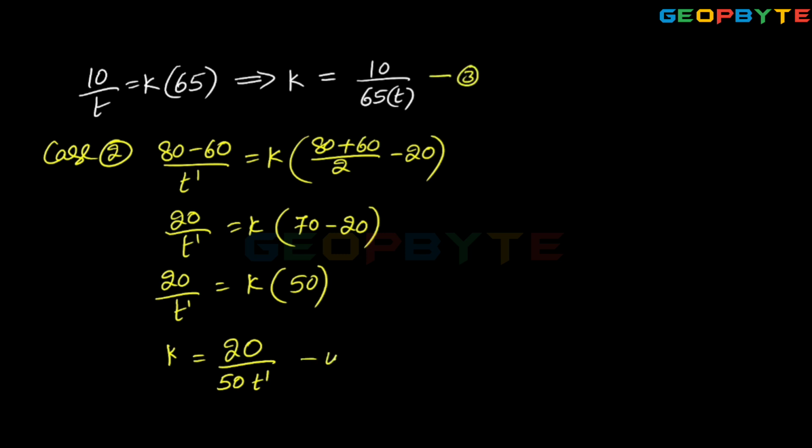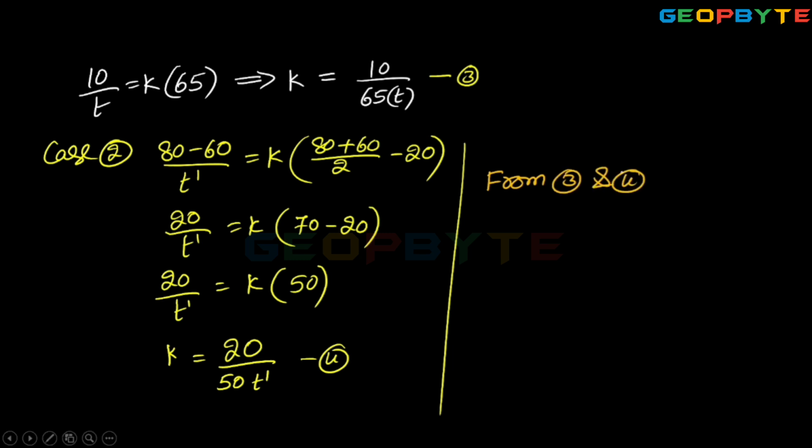Relation number 4. From relation numbers 3 and 4, the LHS are equal, so you can equate the RHS. 10 by 65 T is equal to 20 by 50 into T dash.